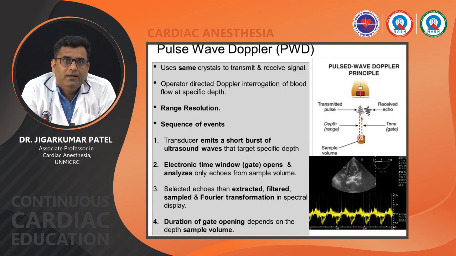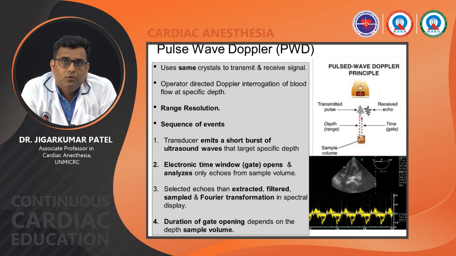With a time delay, an electronic time window opens and analyzes the echoes returning from the sample volume. This selected echo is then extracted, filtered, sampled, and Fourier transformation leads to the spectral waveform display. The duration of gate opening depends on the depth of the sample volume.